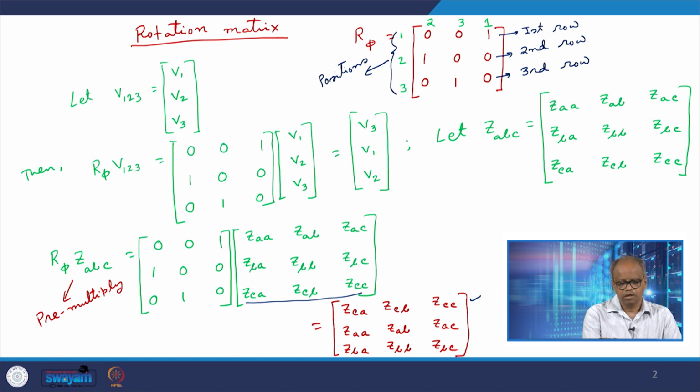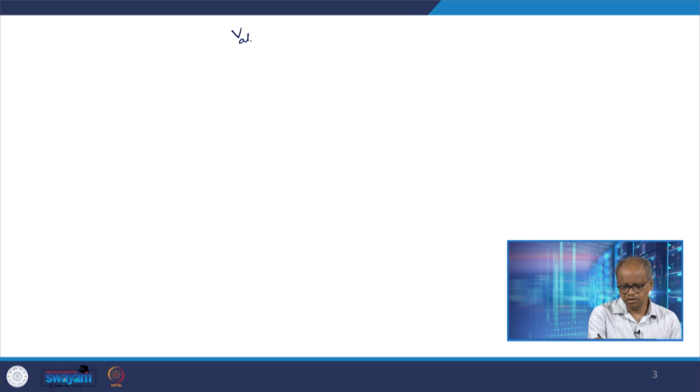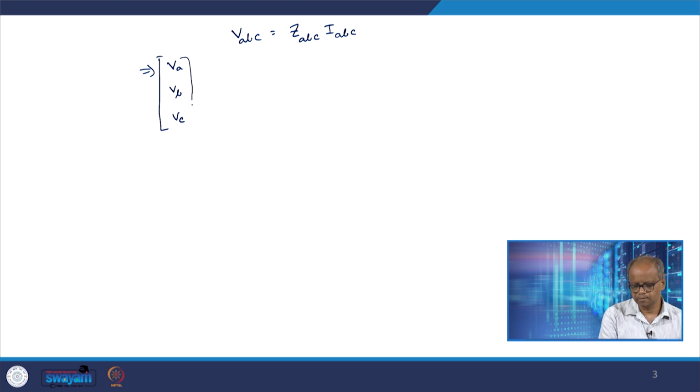Now, we have V ABC equal to Z ABC into I ABC. So we can write V A, V B, V C equal to the matrix Z AA, Z AB, Z AC, Z BA, Z BB, Z BC, and Z CA, Z CB, Z CC, times I A, I B, I C. Please note that this is a symmetrical matrix.